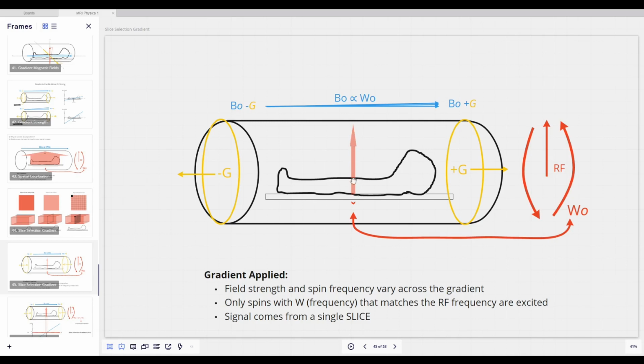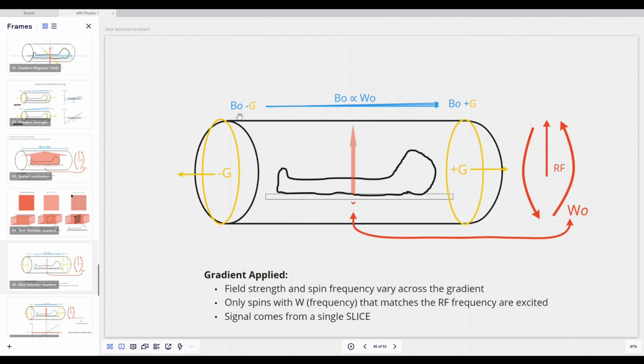These spins are going to be spinning at 5 right here, but these are going to be like 4, 3, 2, 1, 0 as you go in this direction. It's going to be like 6, 7, 8, 9, 10, 11 as you go towards the head.